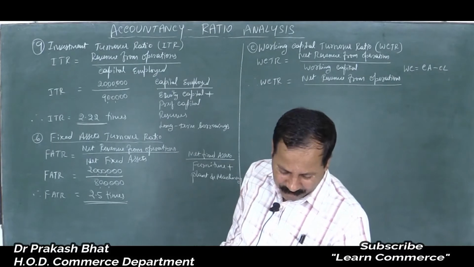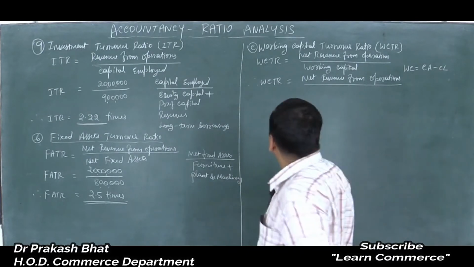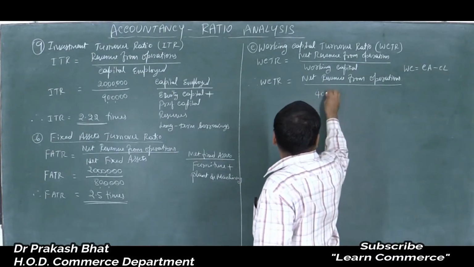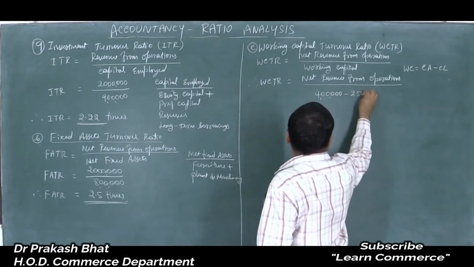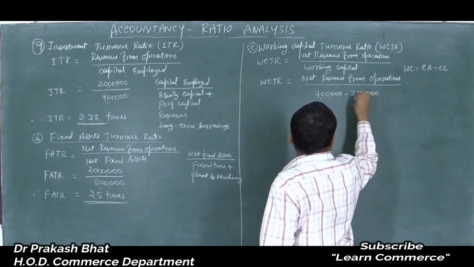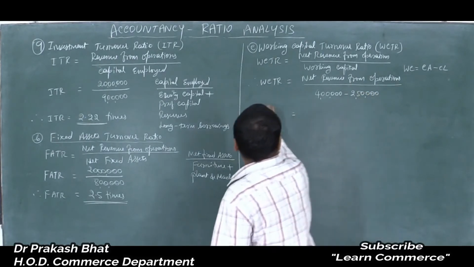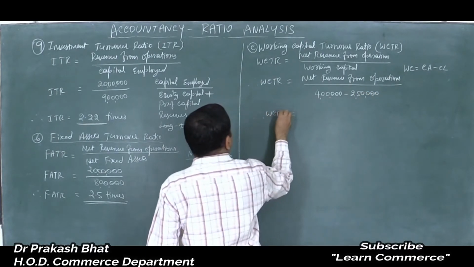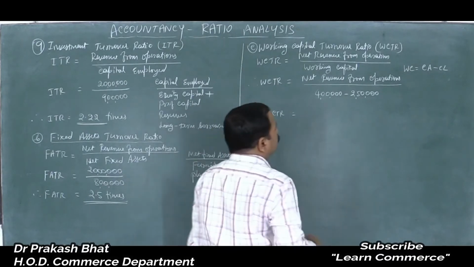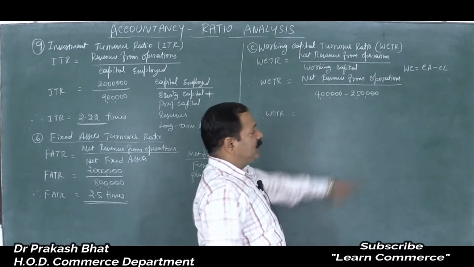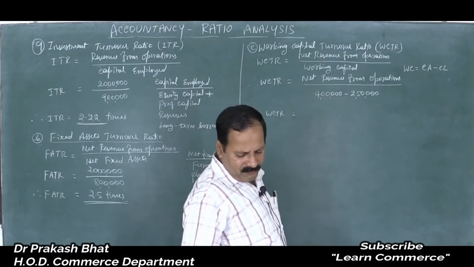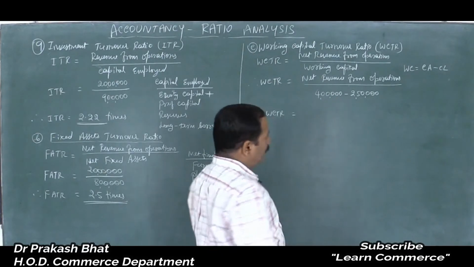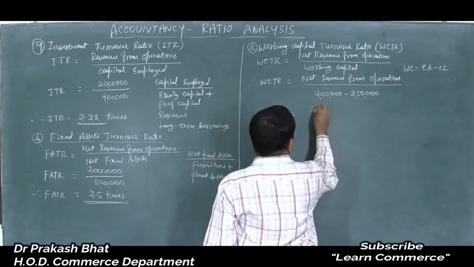Yes, that is 4 lakh minus 2 lakh 50,000. Therefore, WCTR is equal to net revenue from operations divided by current assets minus current liabilities. I wrote the formula over there and I have written the figure here. So 20 lakh divided by 1,50,000.